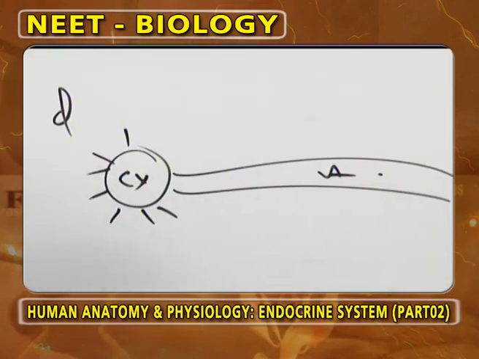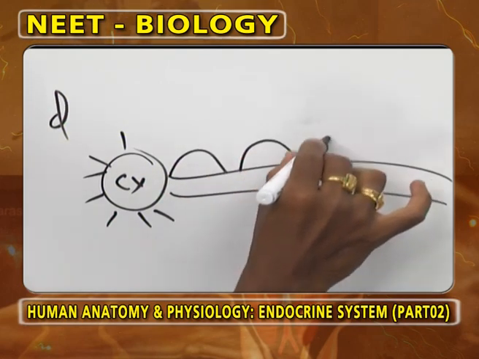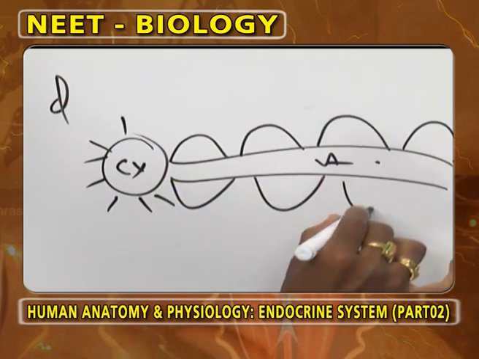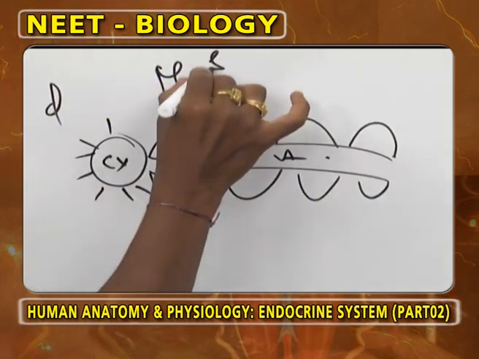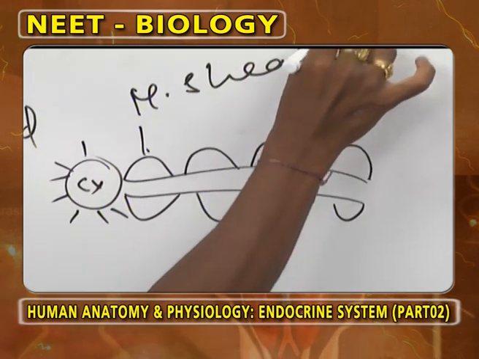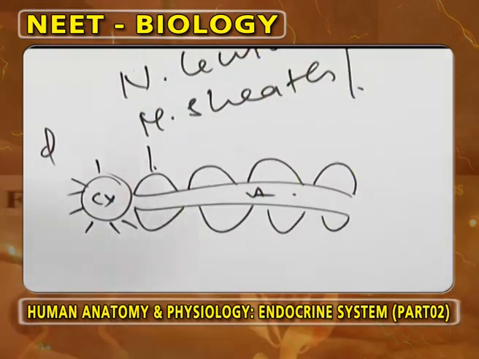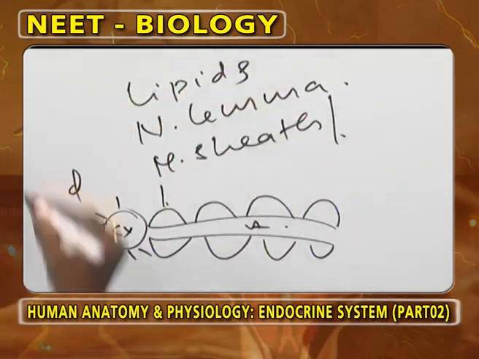In myelinated axons, this one we call the myelin sheath. As we observe the myelin sheath, it is also called the neurolemma. The myelin sheath is made by lipids.